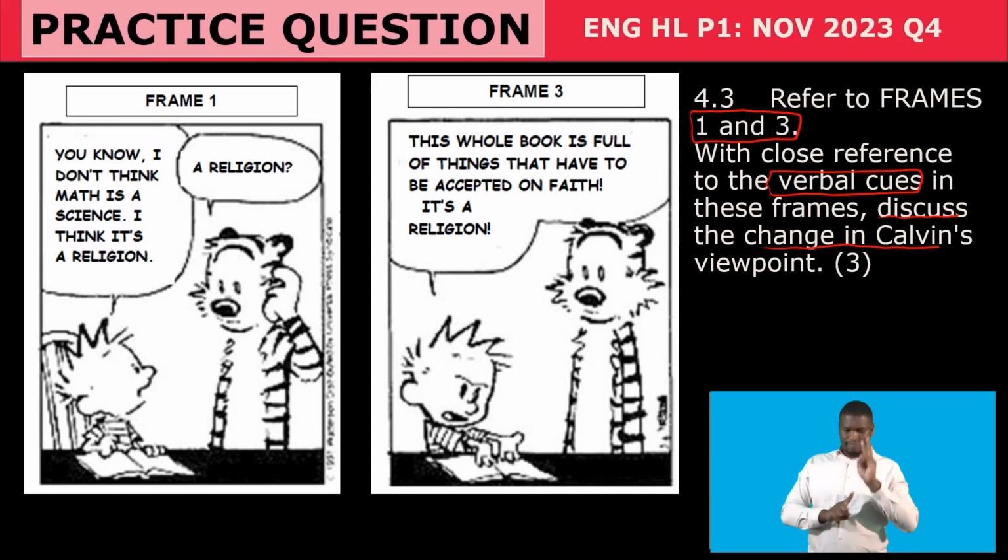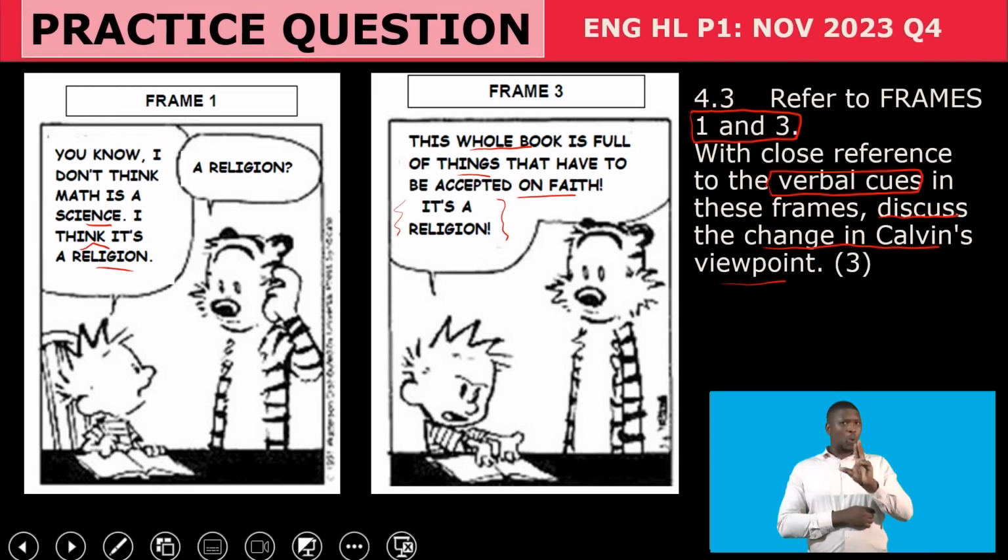In frame 1, Calvin says, you know, I don't think math is a science, I think it's a religion. And then in frame 3, he says, this whole book is full of things that have to be accepted on faith. It's a religion. So we're looking for the change of viewpoint. Clearly, here he says, I think it's a religion. In frame 3, he says, it is a religion.